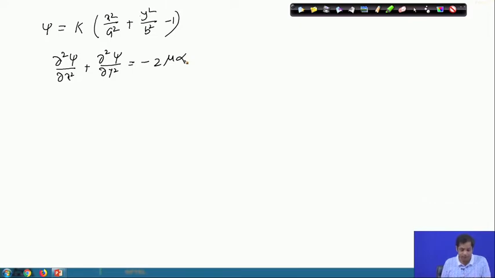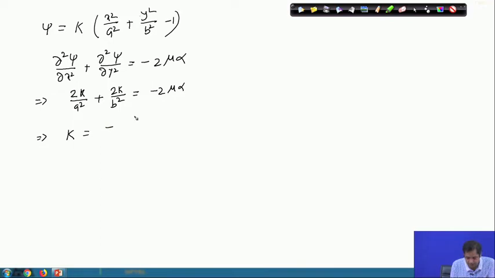Now, if I substitute the entire expression of psi in this equation, what we get is the first term will be 2k by a square, and the second one will be plus 2k by b square, and then we have minus 2 mu alpha. From this, if we find out the expression of k, it will be minus a square b square mu alpha divided by a square plus b square.